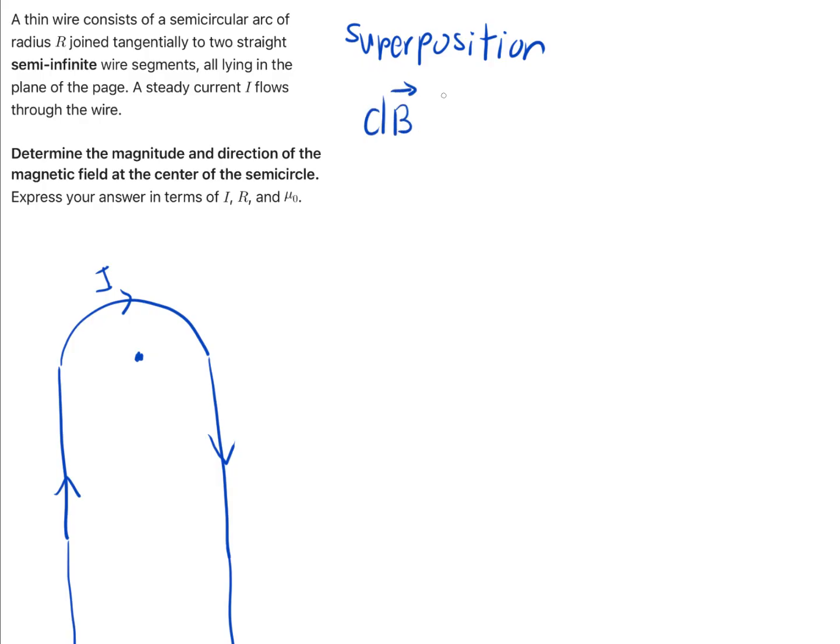That says that its little magnetic field dB is equal to mu0, the permeability, over 4 pi times I dl cross r hat over r squared. Let's start with this wire here. To make it simpler, I'm going to draw it like this.